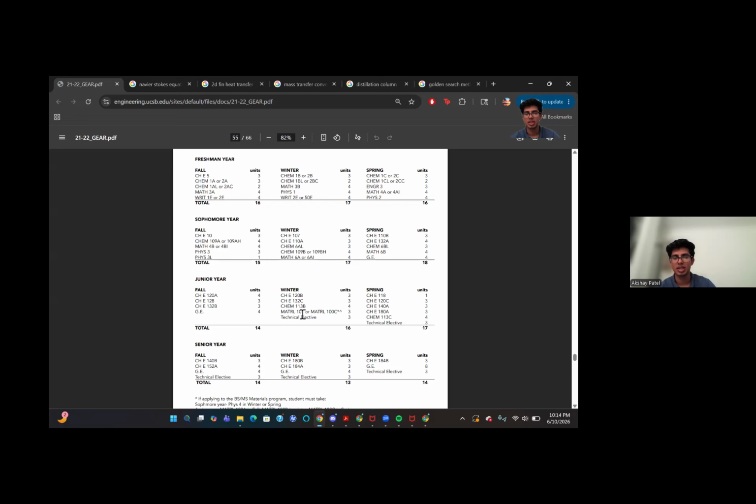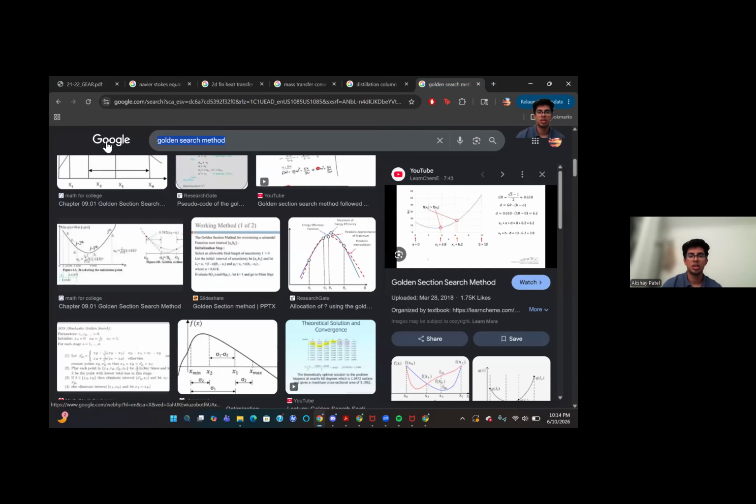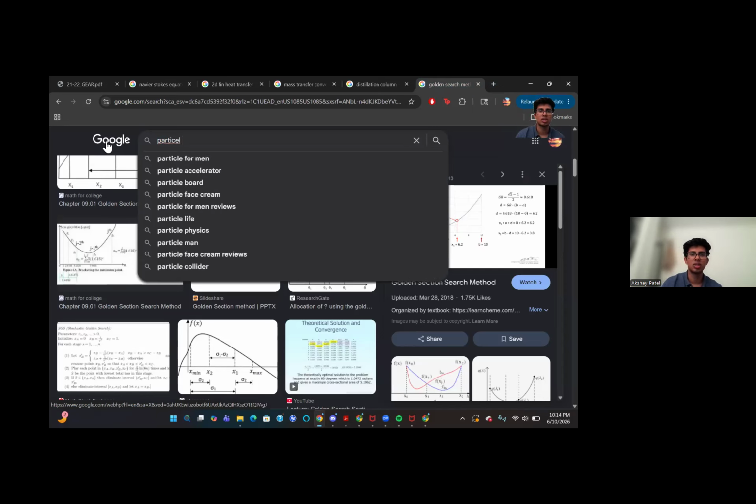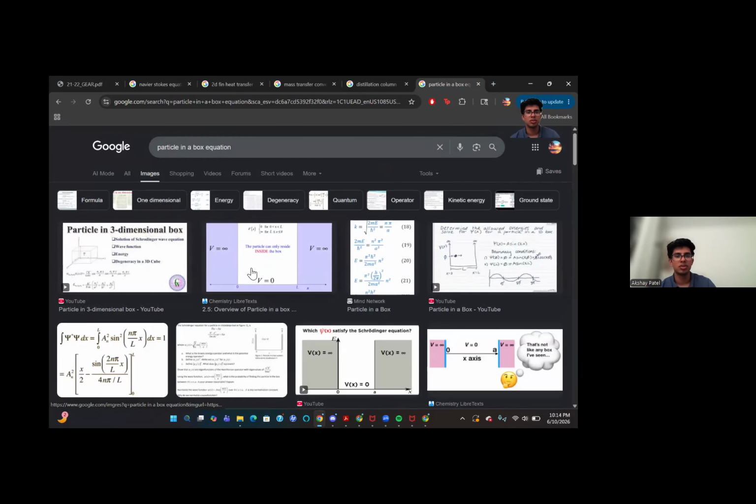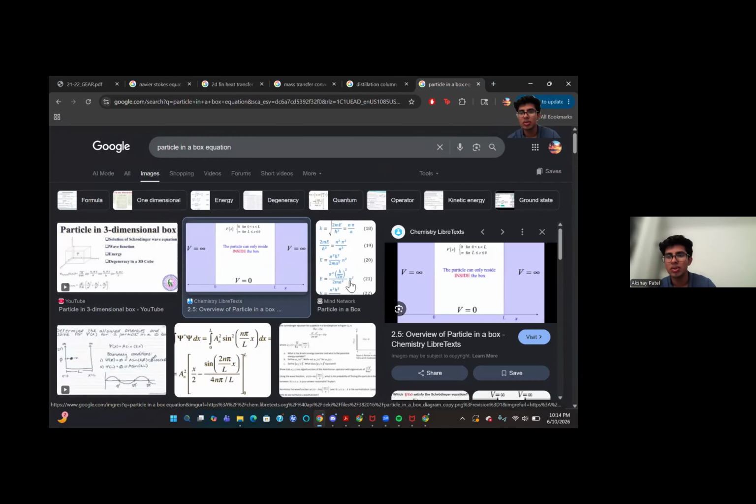So what's that going to tell you? Let's go here. Like a particle in a box. What is that? The particle in a box equation. It tells you a particle can only reside inside the box. This is your potential energy. Potential energy equals 0 inside, and potential energy equals infinity out here. Because of that, you have your bounds.